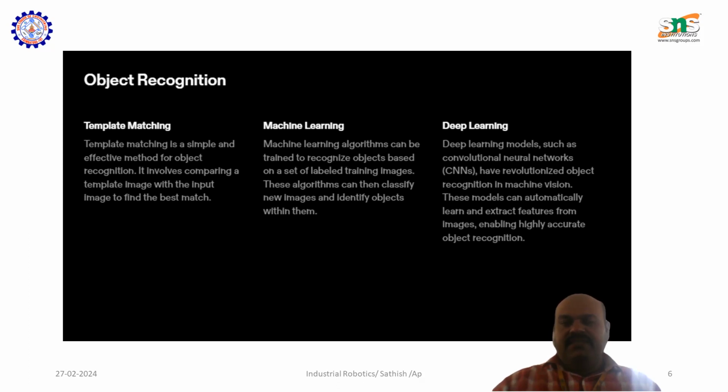So how are these techniques used in robotics? Object recognition is used in robotics for a wide range of tasks such as grasping, manipulation, and navigation. For example, a robot equipped with object recognition can be programmed to pick up a specific object within a cluttered environment, right?